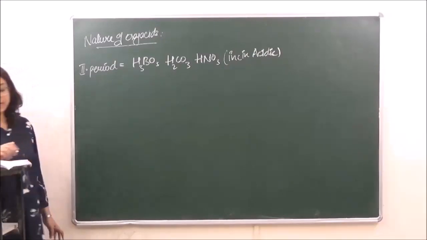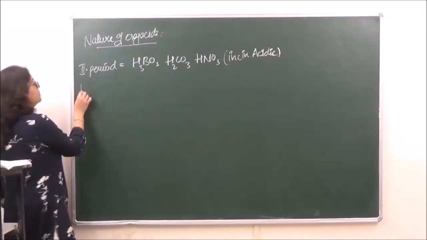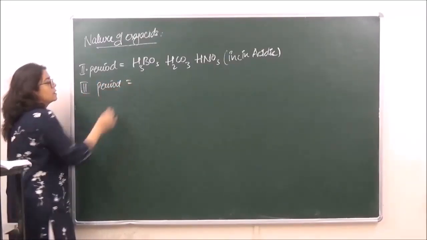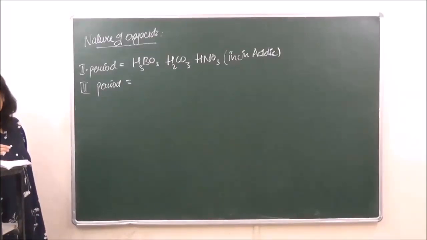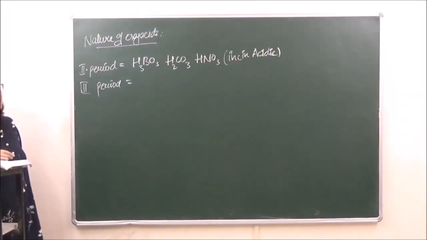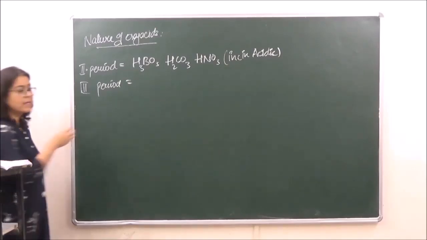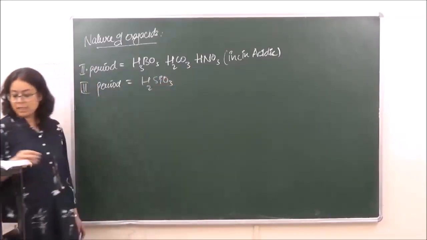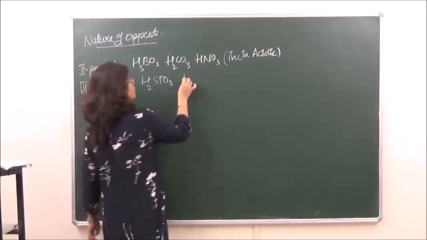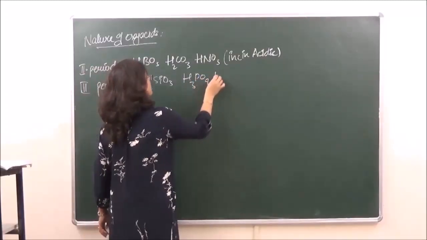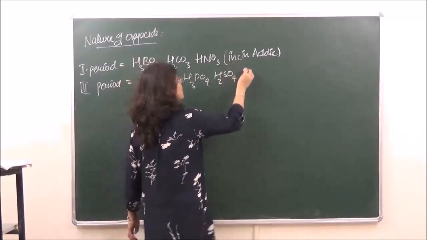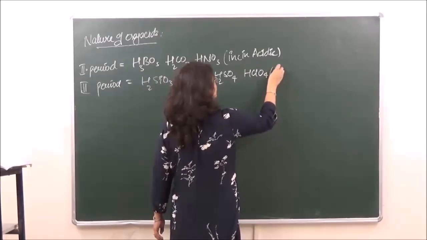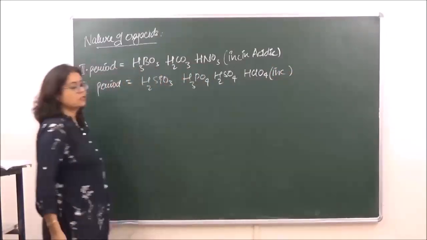Okay? Then second period like this, third period also. In the third period also, the first one it forms is boron, then aluminium does not form oxyacids, then it forms silicon. So H2SiO3, okay, H3PO4, H2SO4 and HClO4. Again, there is going to be increase in the acidic strength.